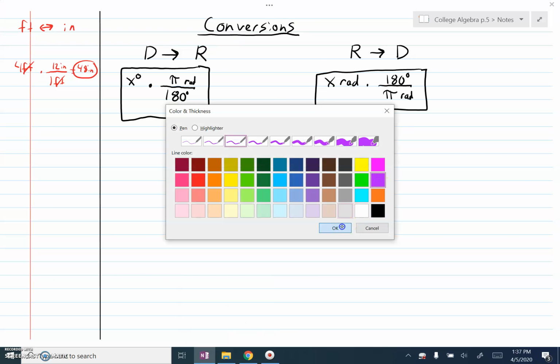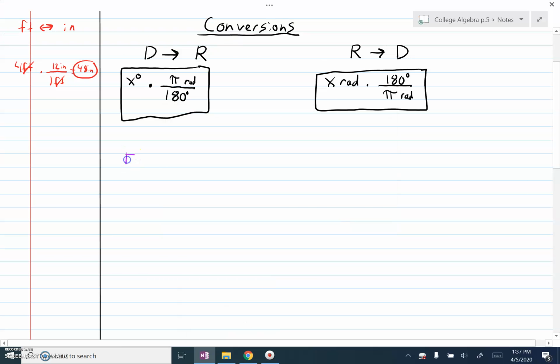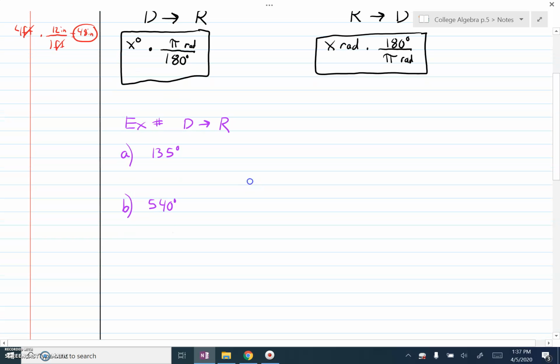the first example. We'll go from degrees to radians. Let's say A is 135 degrees, and let's say B is 540 degrees, and let's say C is 190 degrees.